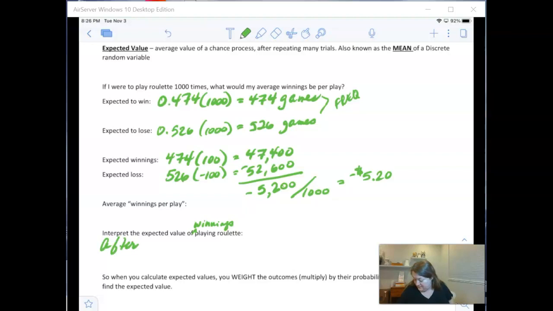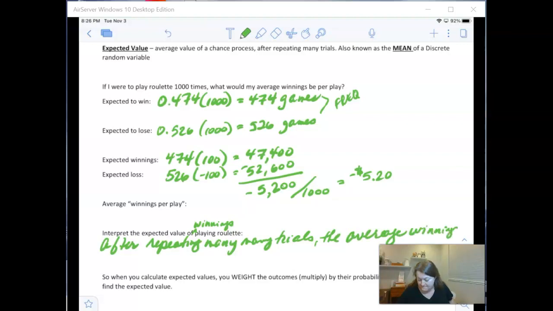So I want to include those words again. After repeating many, many trials, the average winnings in roulette is a loss of $5.20 per game.